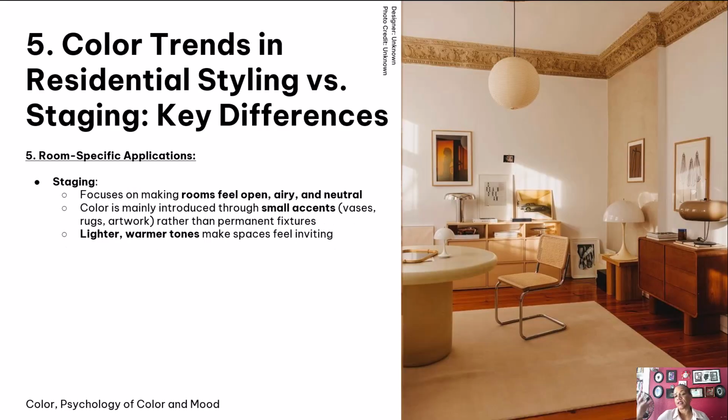So, room-specific staging. Regardless of the room, it really should still feel open. This is an office, it looks like. Oh, it could be a dining room. But really, neutrality is very important. They've used warm red woods that bring out this warmth. The sunlight in this room is really nice. And again, this is an eclectic feel, like we learned in the last lecture.